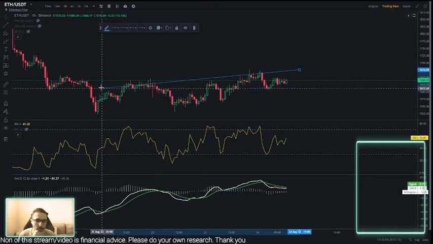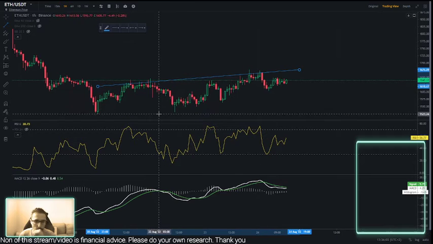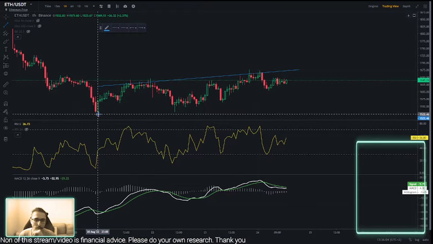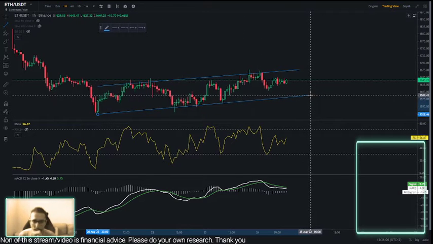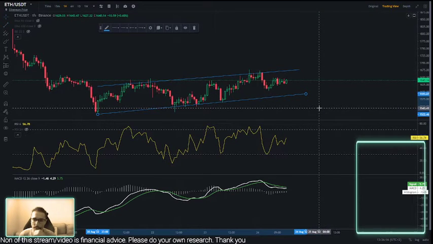Let's move this one here until there. Alright, and let's draw another one down here. Mainly I'm looking at channels, ascending channels, or any kind of triangle, because those are, at least for me, the easiest patterns to watch for.